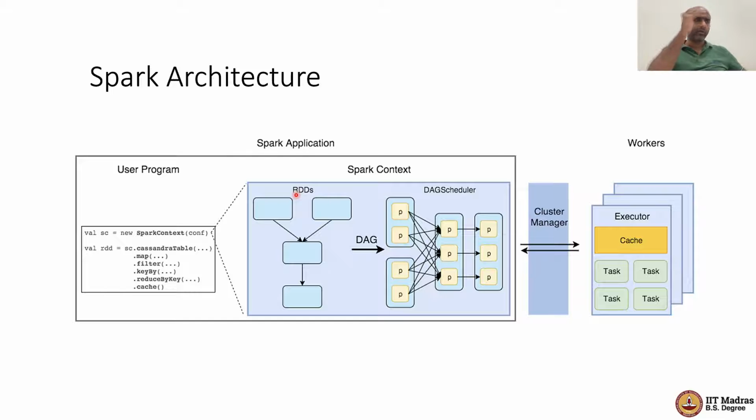You're layering how to interpret that RDD in terms of metadata. That's what makes it a data frame as opposed to just an RDD. The job that you specify on top of that RDD or data frame is a collection of transformations which finally result in a specific action. And we'll look at the differences between transformation and action in the next video.